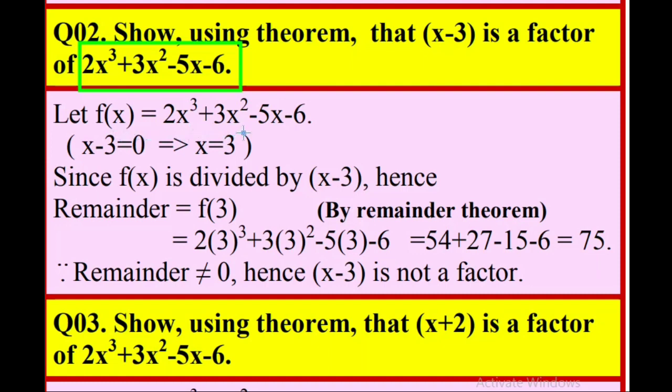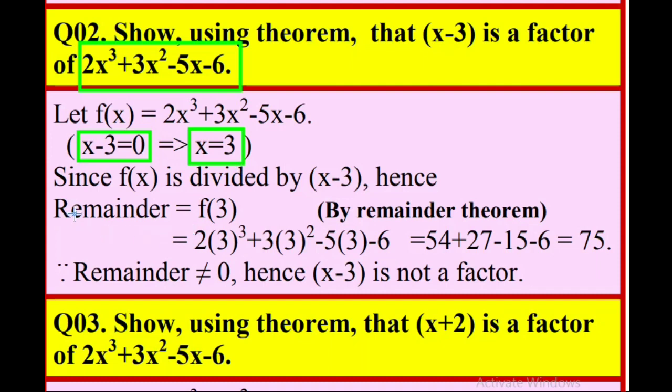And here let's recall that equation, that is f(x) equal to divisor into quotient plus remainder. And in that equation we have to make the whole divisor 0. So here the divisor is x minus 3, and that is to be made 0, and for that x has to be replaced by 3 in the polynomial.